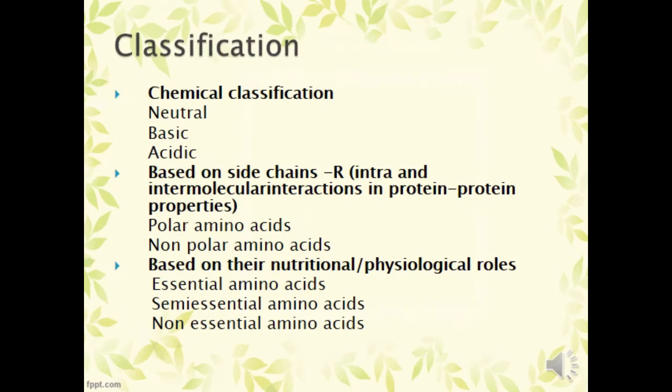Since the side chain R is the deciding factor for intra- and intermolecular interaction in protein, amino acids can be classified as either polar or non-polar amino acids, and based on the chemical classification, it is either neutral, basic or acidic.